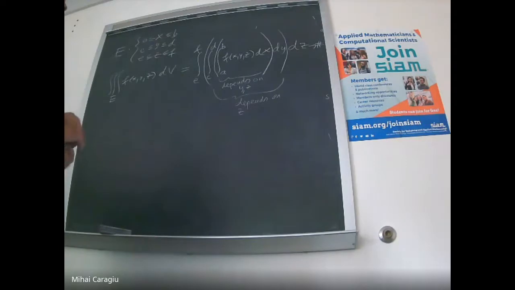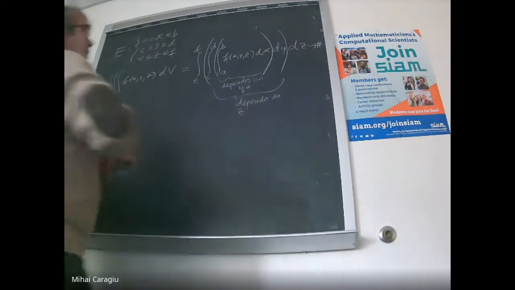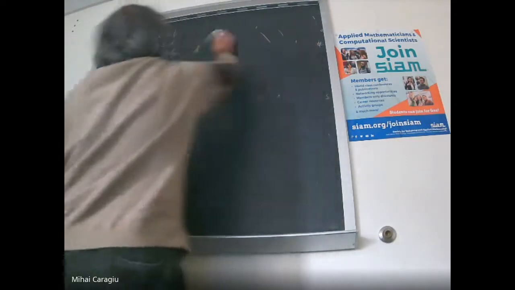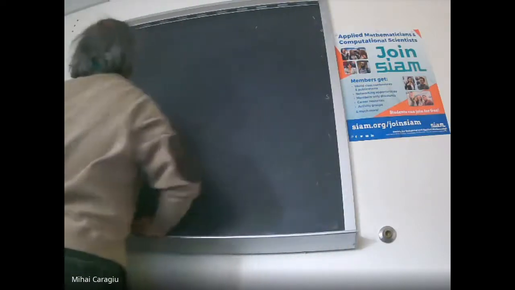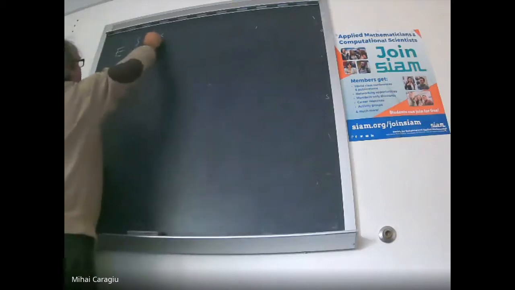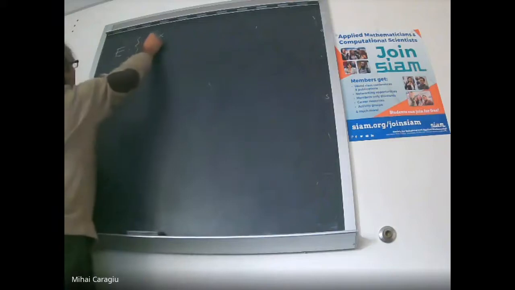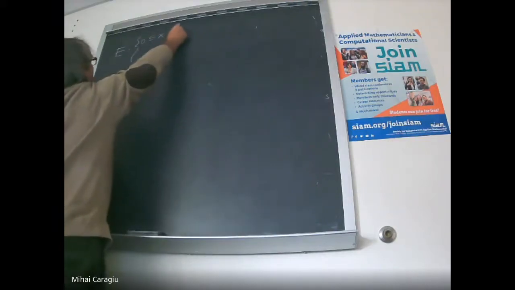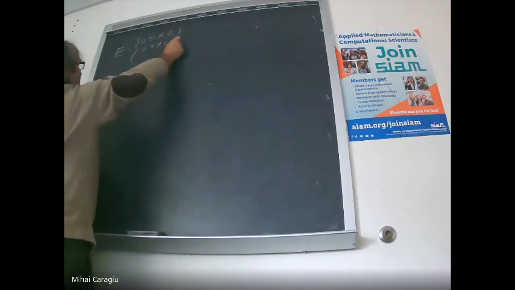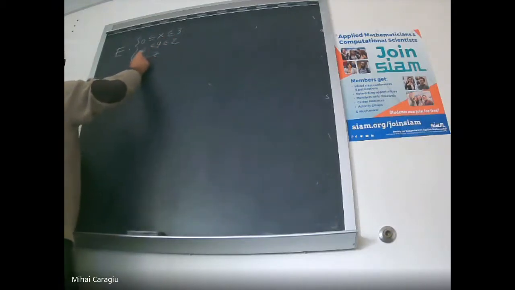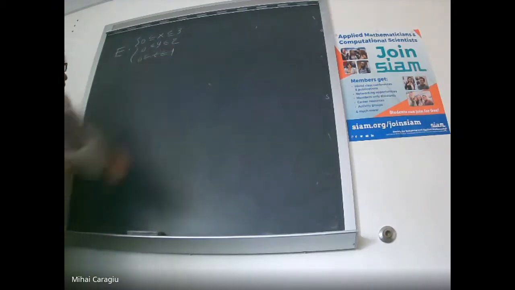Okay, so let's take a concrete example. Let's say E is the following box. X is from 0 to 3. Y is from 0 to 2. And Z is from 0 to 1.